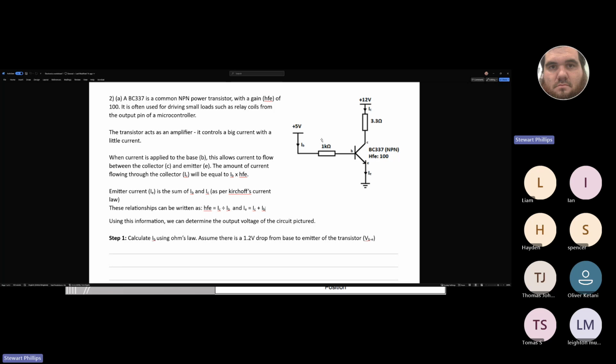What could we also express that as? Yep, we could express it as 3.8 milliamps.